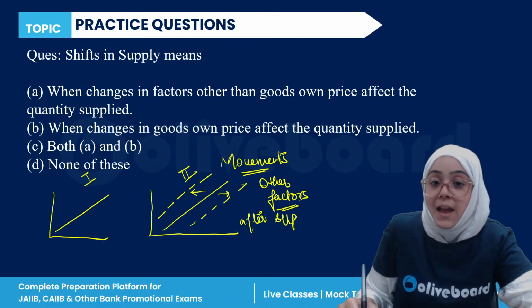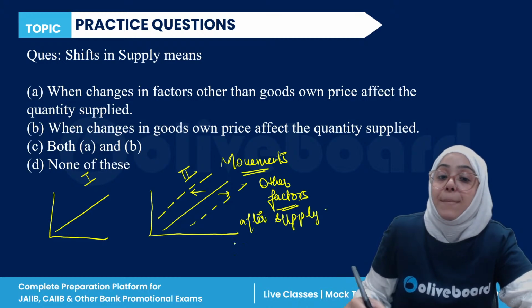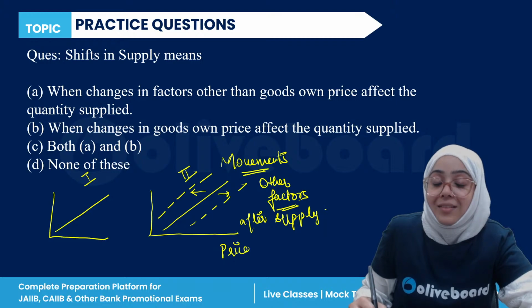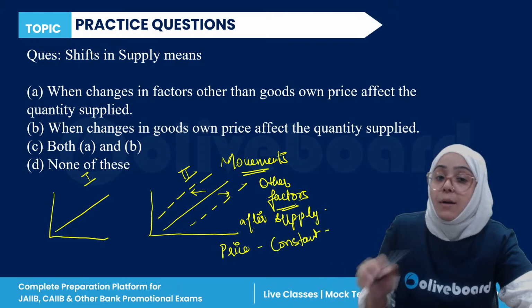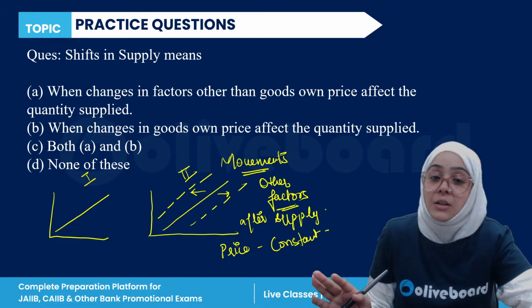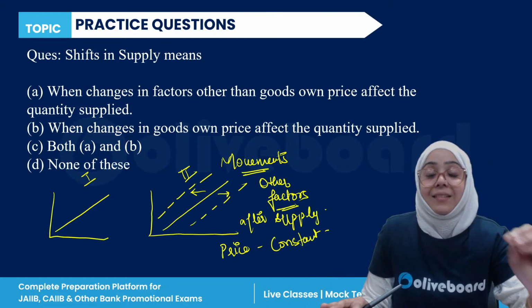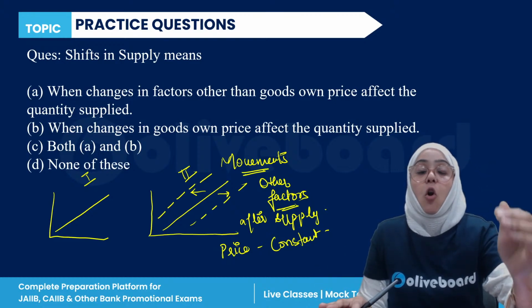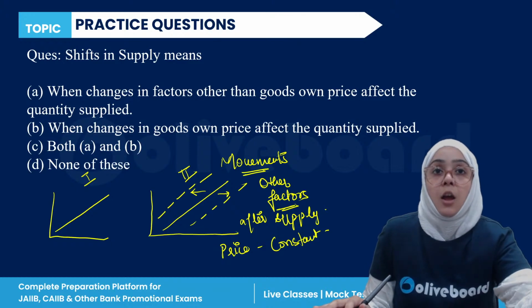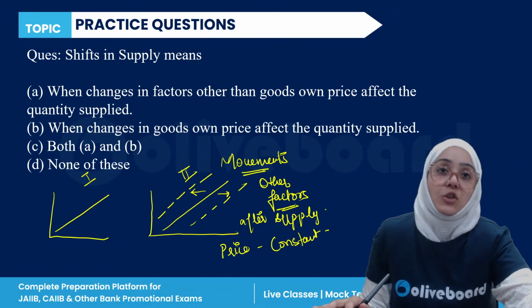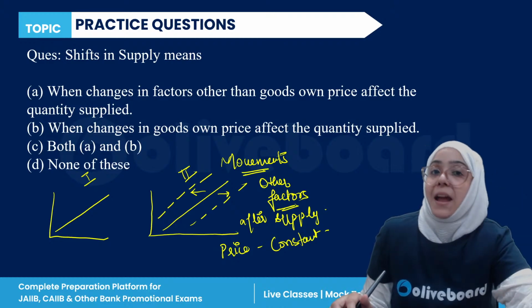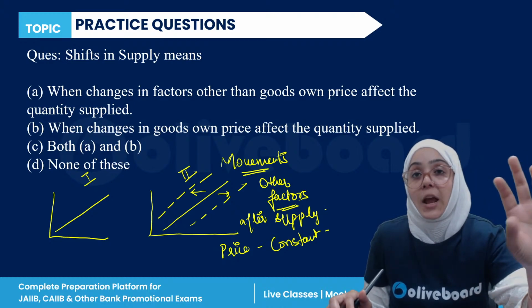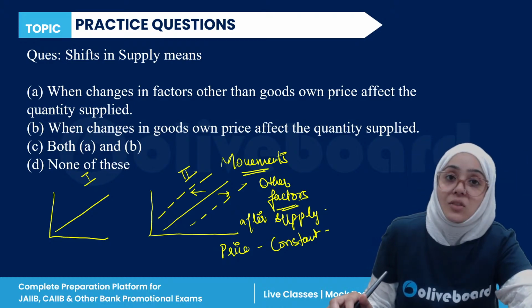Whereas your price remains constant, meaning price has no effect, the supply has the effect of different factors. For example, due to income, supply changes; due to substitute products, supply changes; due to technological changes, supply changes, right?